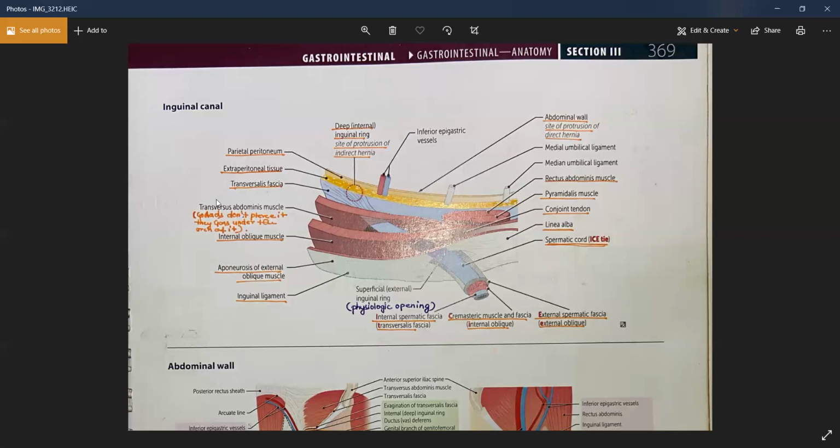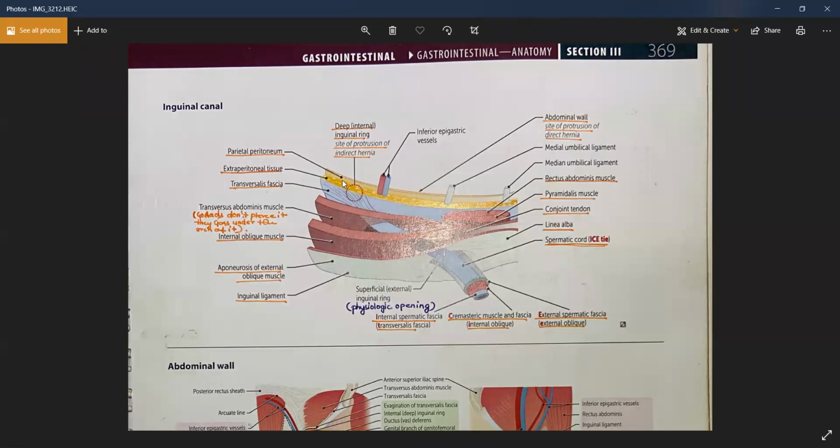So that's why this inguinal canal is important. You need to know the layers and the muscles involved in the formation of the inguinal canal. This is the deep inguinal ring, and this is the superficial inguinal ring.